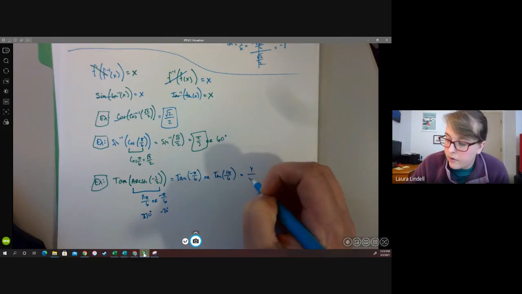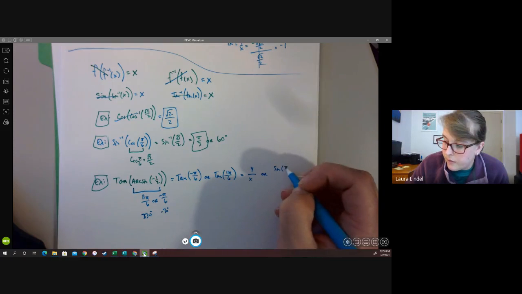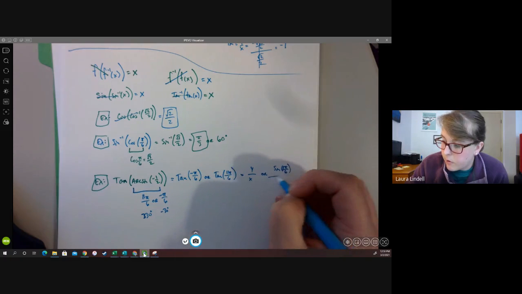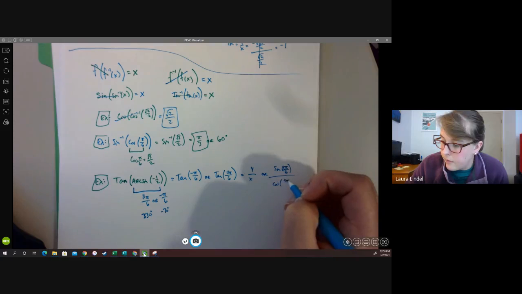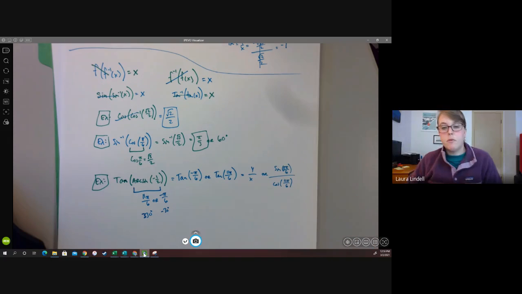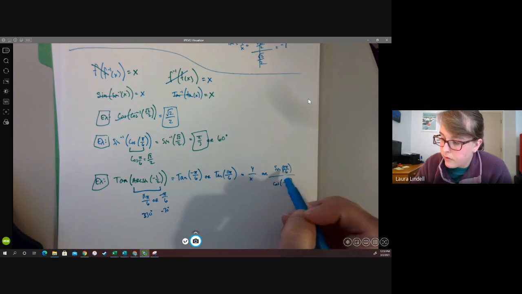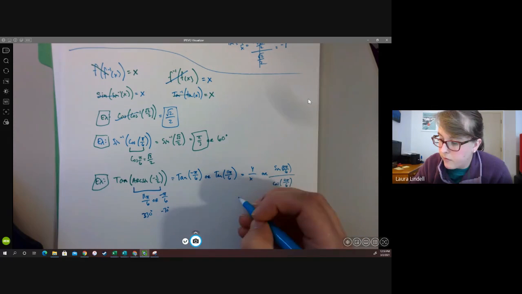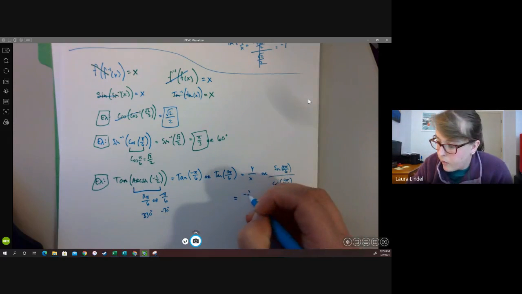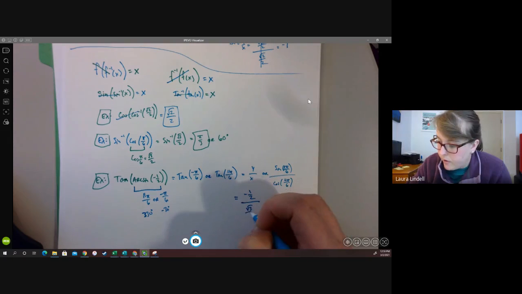It's y over x, or you could consider it sine of 11 pi over 6 over cosine of 11 pi over 6. Either way of thinking about this is fine, but what we want to do is look at our unit circle and notice that the y value at 11 pi over 6 or at negative pi over 6 is -1/2, and that the x value is root 3 over 2.